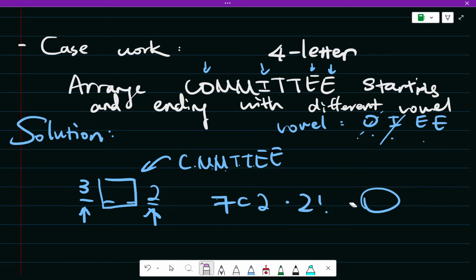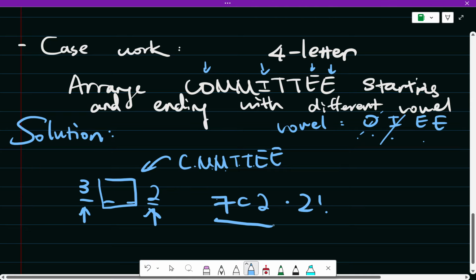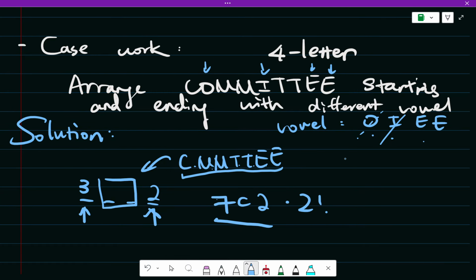However, there's a twist to this question right here. This 7 choose 2 doesn't work out very nicely, because these items are actually not distinct. We could choose C, M or M, T or whatever, it doesn't matter. But we will count M, M twice.